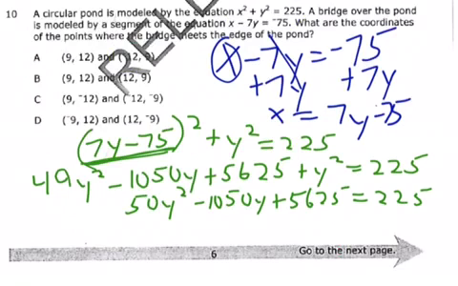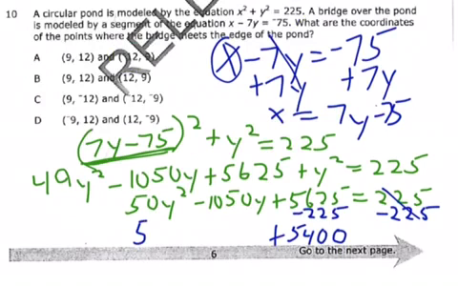Actually, I didn't set it equal to 0 yet, so I need to subtract the 225 first. And then that gives me 5,400. And I just bring down the other two terms.